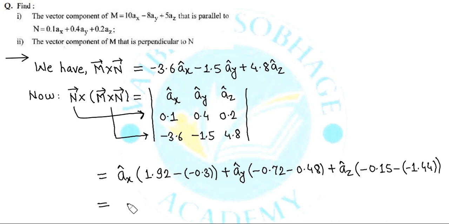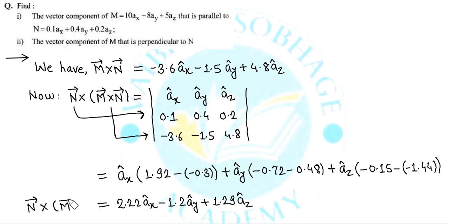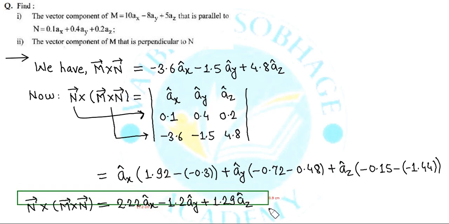You will get that value to be 2.22 ax cap minus 1.2 ay plus 1.29 az. So this is the second element that we will be using.